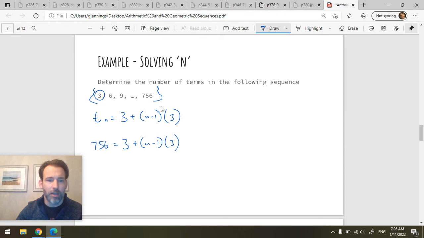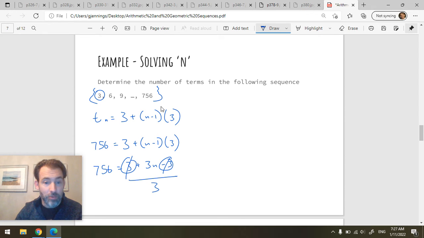Okay, and you'll see here that the algebra works out really smoothly. 756 equals 3 plus 3n minus 3. Okay, 3 minus 3 is 0, so that's gone. And so I just have that 756 is equal to 3n.